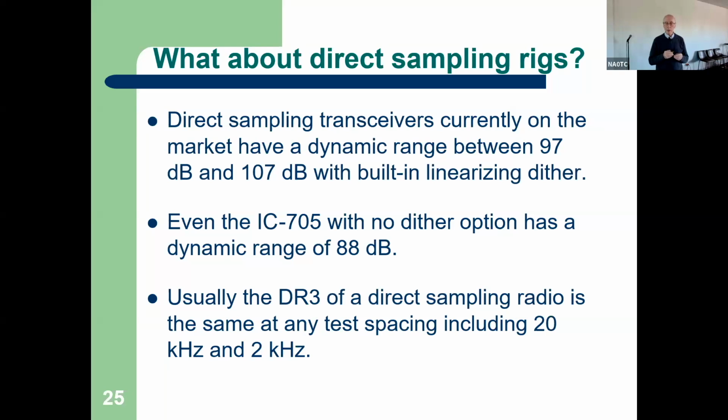With the upconversion radios, you ran a test at 20 kilohertz, you got a big number, and at close in, you got a smaller number. When you're testing a direct sampling radio, it really doesn't matter what offset you're doing, 20 kilohertz, 10, 5, 2, because again, there's no roofing filter to affect that measurement.